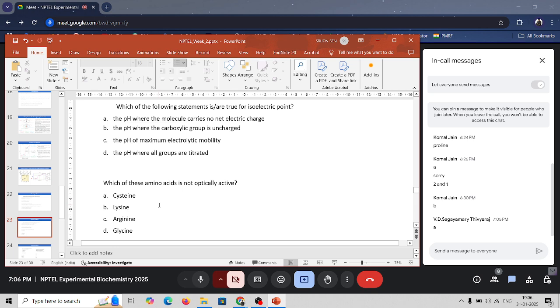The pH where the molecule carries no net electric charge, the pH where the carboxylic group is uncharged, the pH of maximum electrophoretic mobility, and the pH where all the groups are titrated. These are easy questions. All of you should be able to answer it.